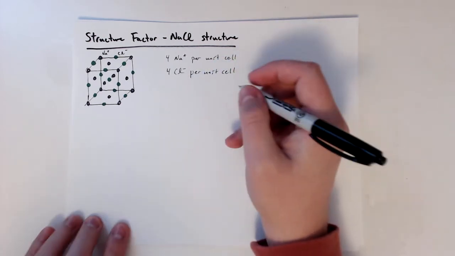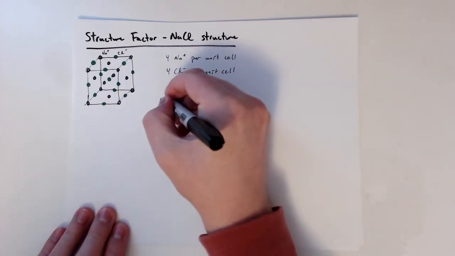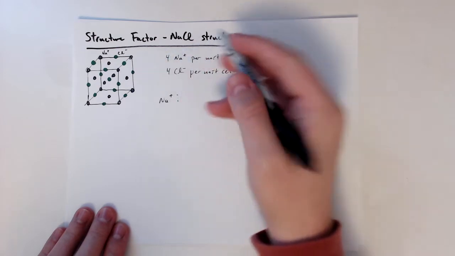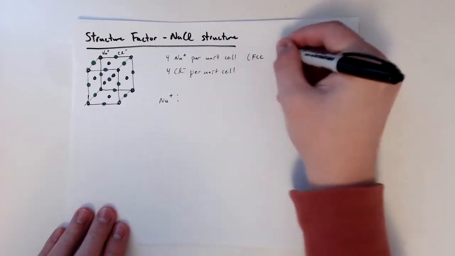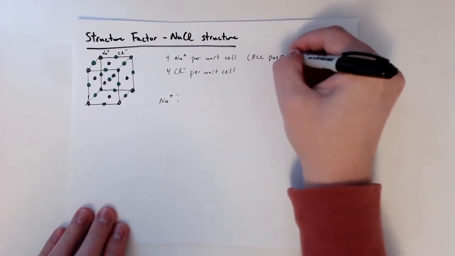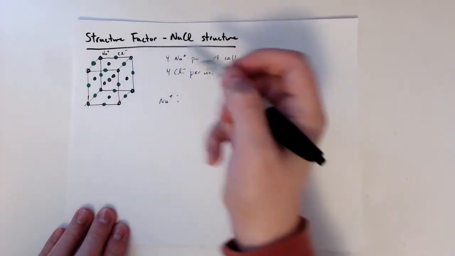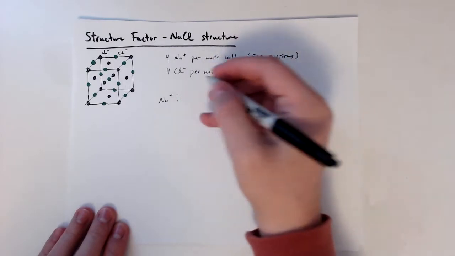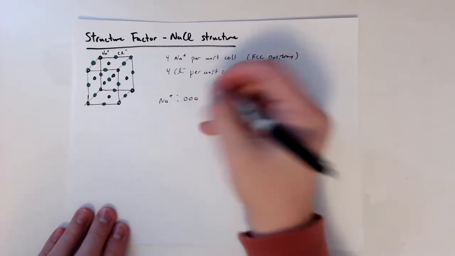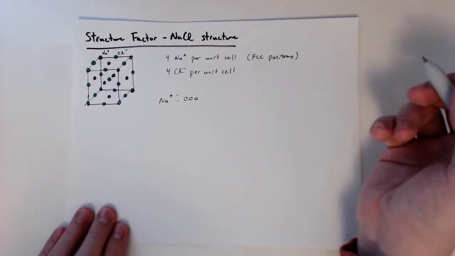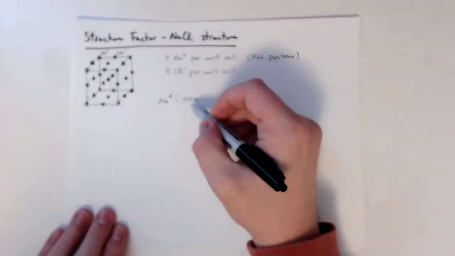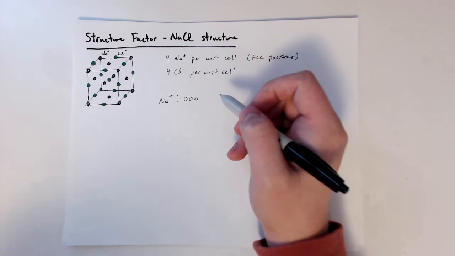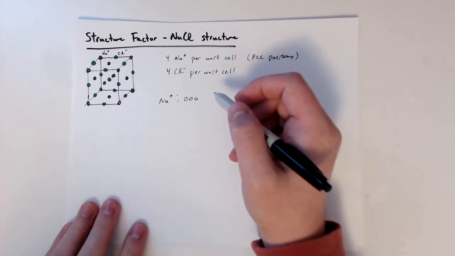All right, so those positions, let's start with sodium. Like I mentioned, you can think of these as the FCC positions in this structure, if you look at where all the black ions are. And so that means that it's going to be on all of the primitive sites. So we'll represent that as 0, 0, 0. But then there's also going to be 3 FCC types in those cases.